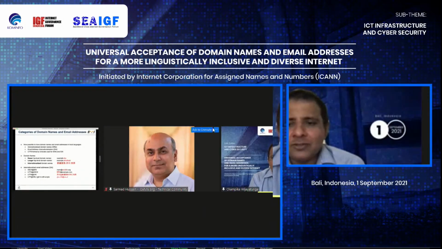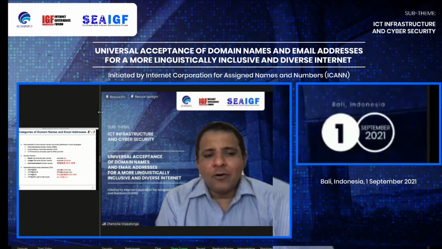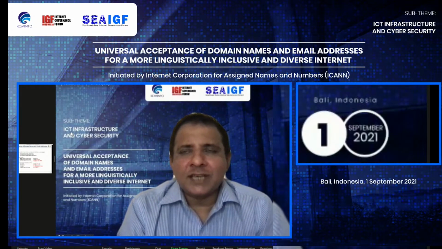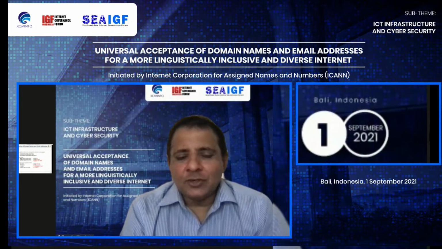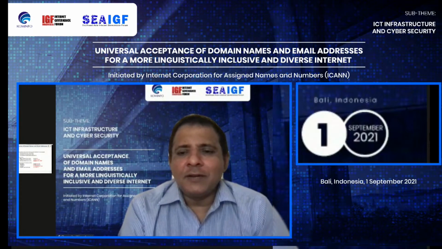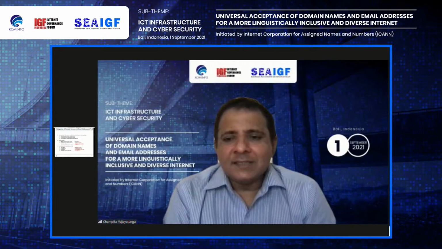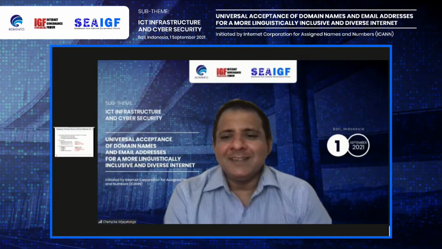The mailbox can also be in UTF-8, and it can be based on different scripts. For example, the mailbox can be from one type of script, and the domain can be of another type of script as well. Also, one thing that you might want to see in the last example is that there are some scripts that we write from right to left as well.